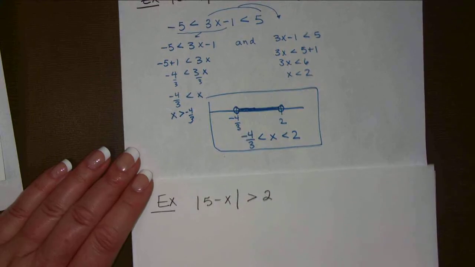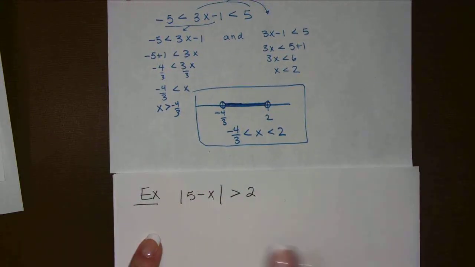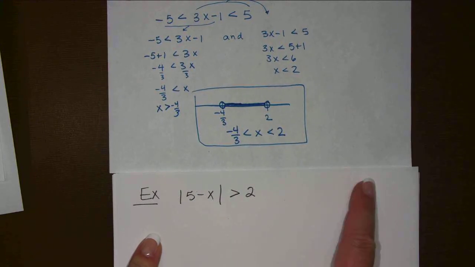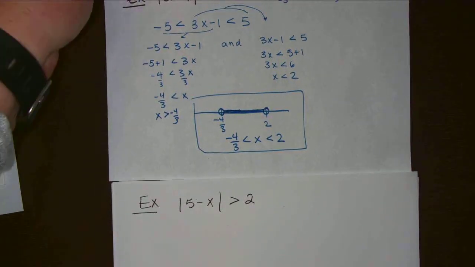Okay, so here's one I want you to start. I want you to try it. So we're going to wait a minute. I want you to put this on a number line. So look at what it would mean. Put your minus 2 and your 2 to start. Draw a little number line and try to write the equations. So you've got the two examples we just did to look at.